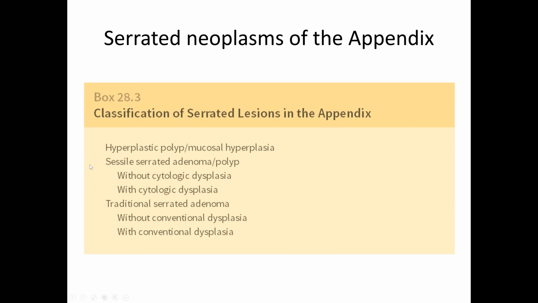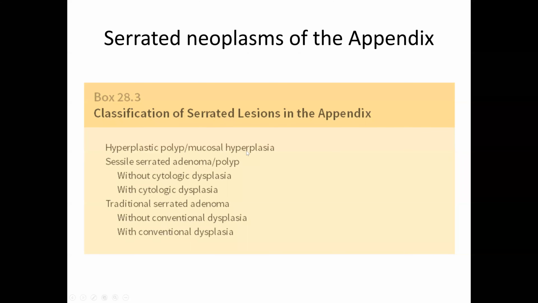The most common of these is the sessile serrated adenoma or lesion, most without dysplasia. Occasionally there is dysplasia. Traditional serrated adenomas have been reported to occur in the appendix, but are quite rare. That's usually a left-sided lesion in the colon. And again, those can have either conventional dysplasia or not.